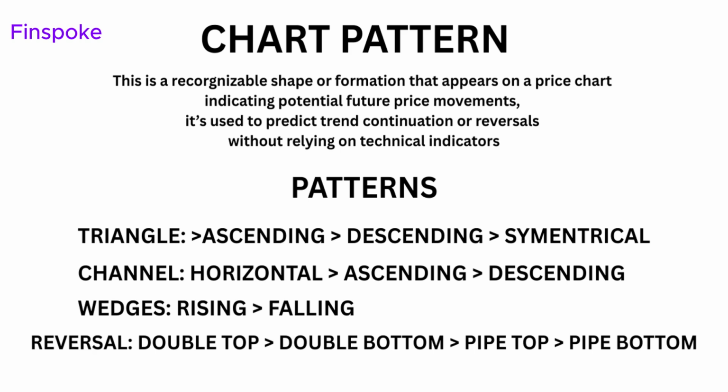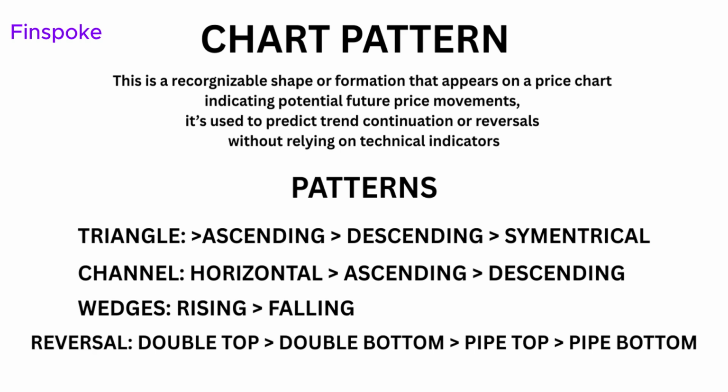The psychology behind chart patterns as a price action tool is this. We use the chart pattern to identify when a trend comes to an end or if a trend is continuing in the direction.